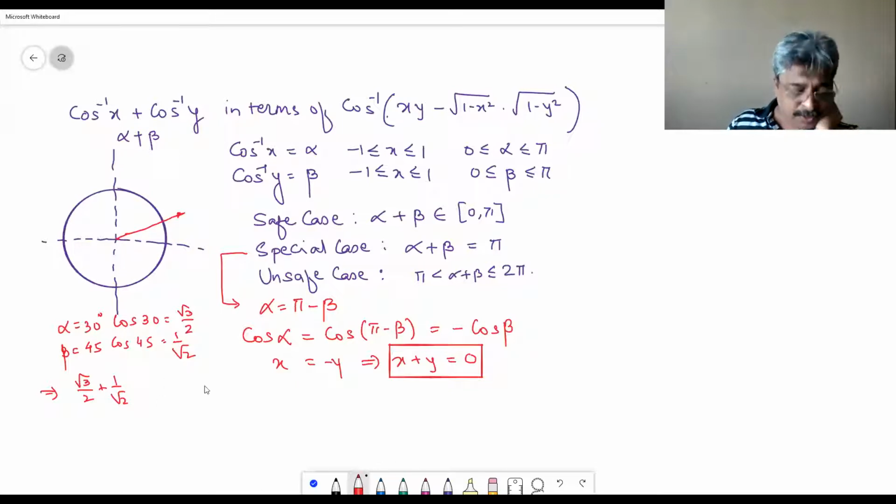So if x plus y is greater than or equal to 0, we have taken another case. So if x plus y is greater than 0, then we are having the safe case.